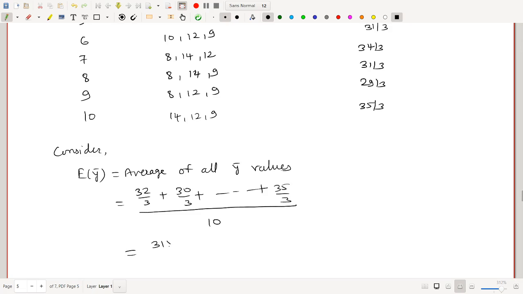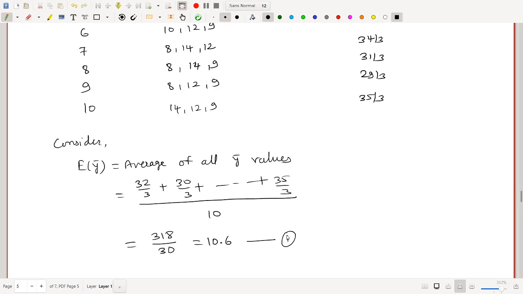So this will be 318 divided by 30, and if you solve this, this will be 10.6. Give it as equation number 1.